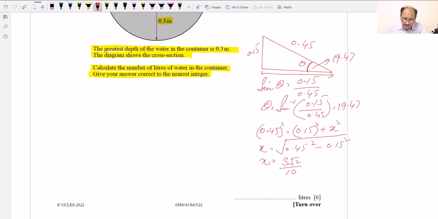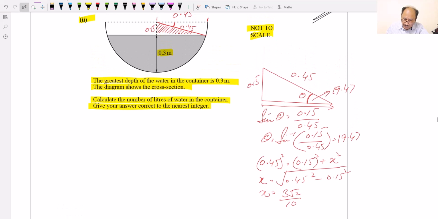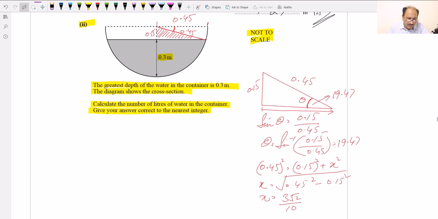Now we got this x value also, and now we can find the area of the triangle. So area of triangle will be equal to 1 by 2 into base into height, and if we replace the values, base will be this one which we just found, 3 under root 2 over 10, and height will be 0.15.